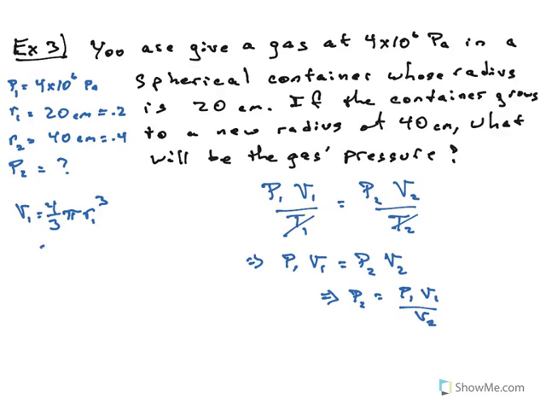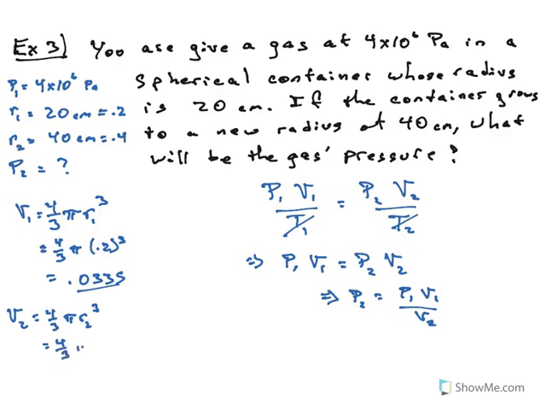All right, so volume 1, 4/3 times pi times 0.2 cubed. And this gives us 0.0335. And we do the same for V2. V2 is 4/3 pi r2 cubed.